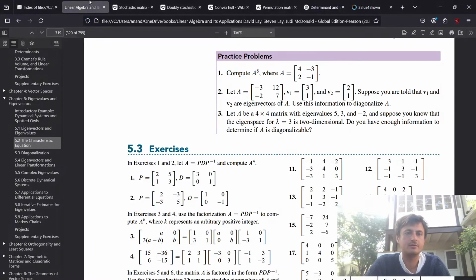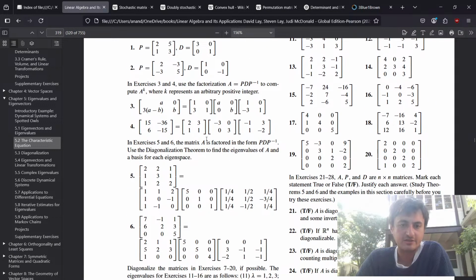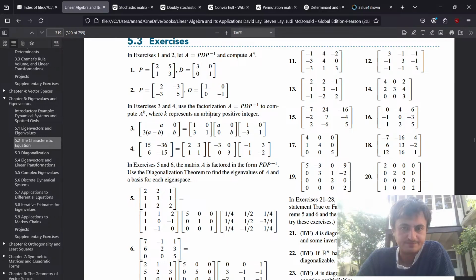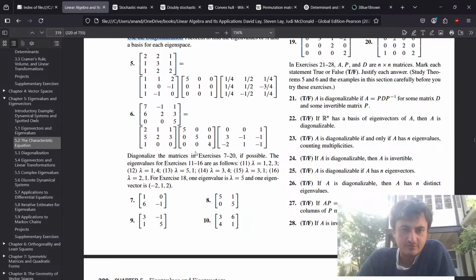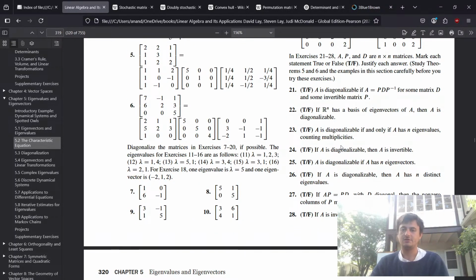Where are we going? All right, so let's look at this stuff. Usually I like to skip these because, yeah, okay, compute A to the 4. I don't care about that. Put it into this form, this form. It's all computation. Let's do the true false though. A, P, and D are n by n. All right, 21.